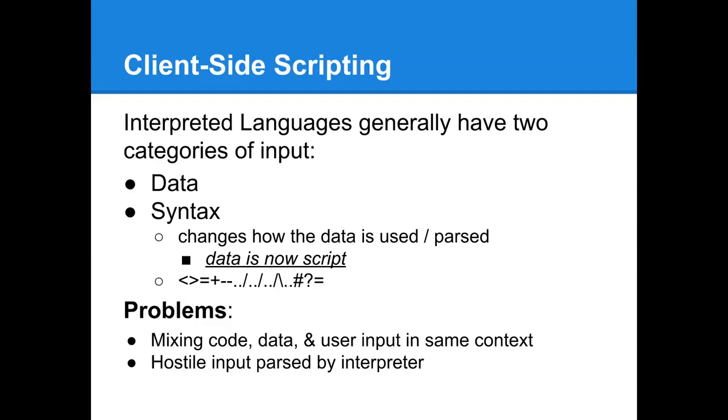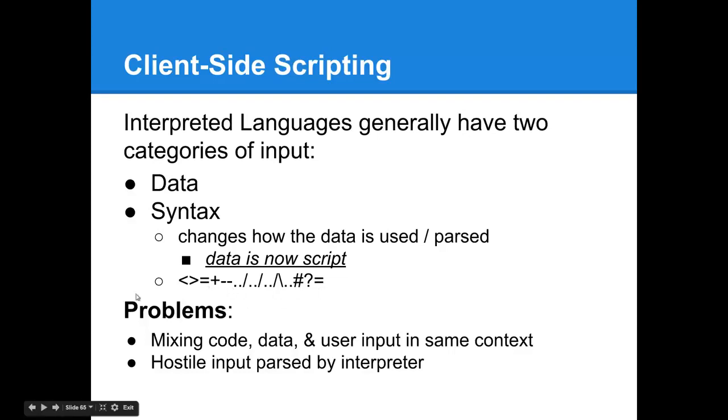In other words, it may tell it that, hey, the rest of the data between these two syntax tags treat it as script or some other form of command. And there are all forms of syntax characters that may exist depending on the given engine. Brackets for markup languages, slashes for file systems, and dot dots, and so on.